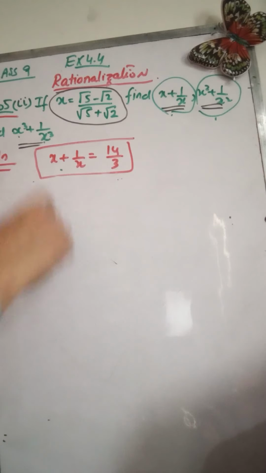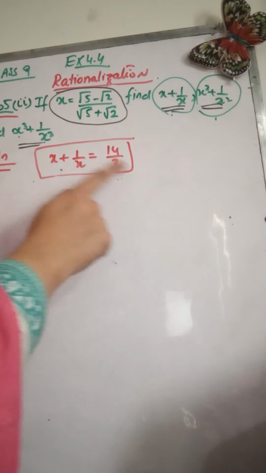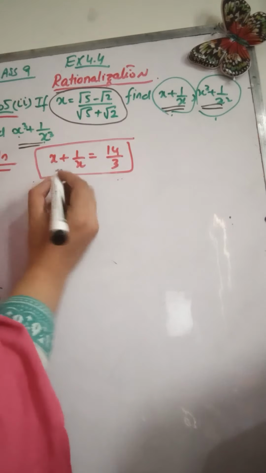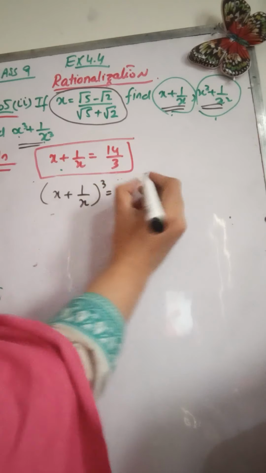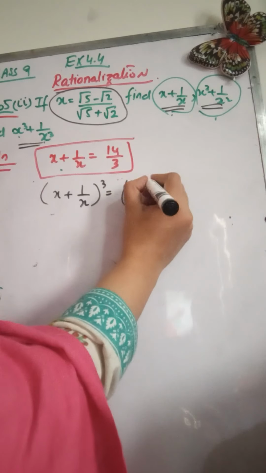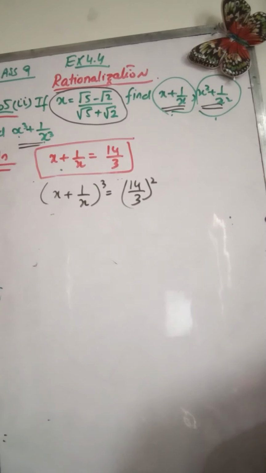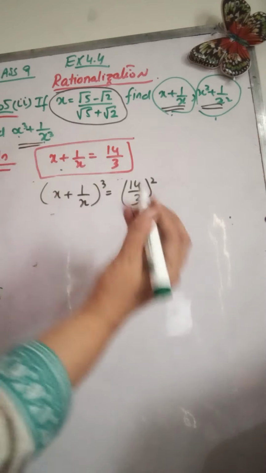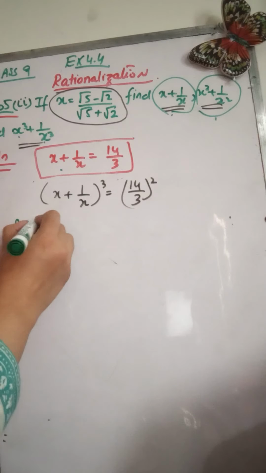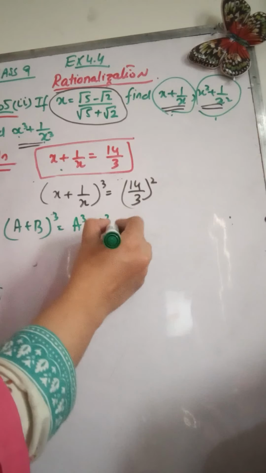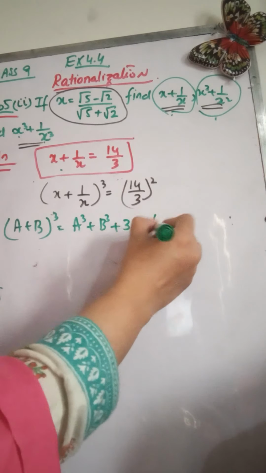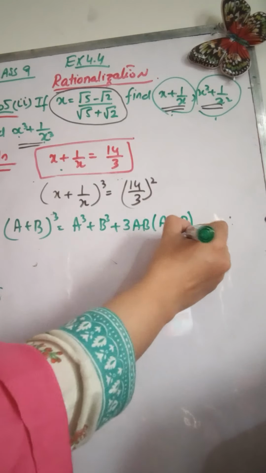To find that, I am going to take the cube of both the sides. (x plus 1 over x) whole cube is equal to (14 over 3) whole cube. Applying the formula, we know that (a plus b) whole cube is equal to a cube plus b cube plus 3ab into (a plus b).